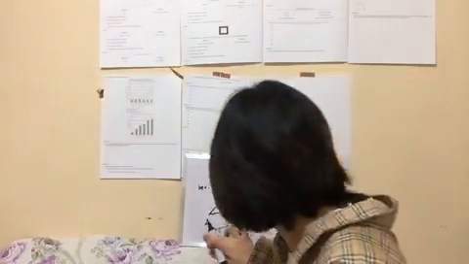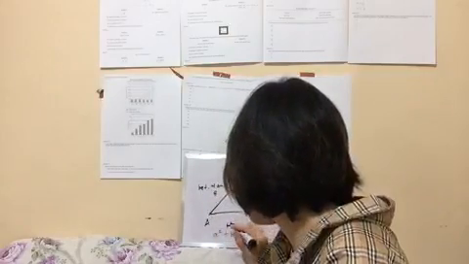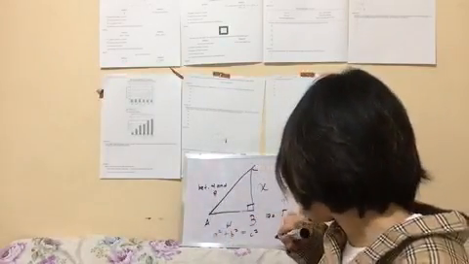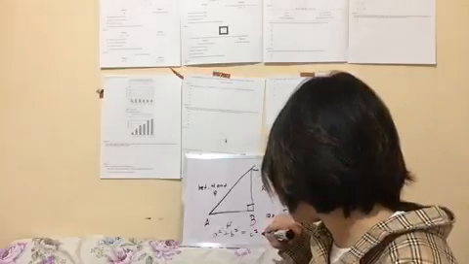Should I square root it? A squared plus b squared is equal to c squared. That's the hypotenuse formula. So I have here 17 is equal to c squared.